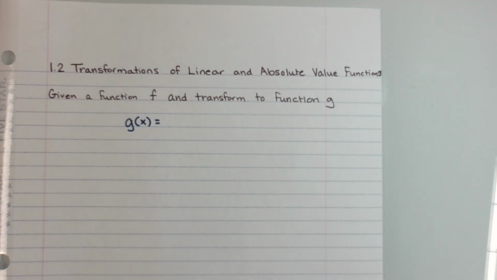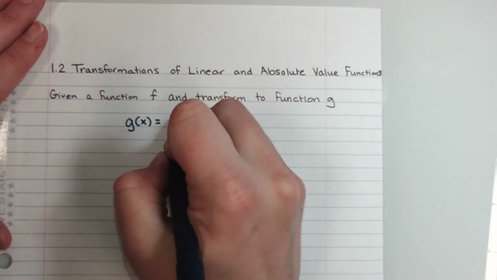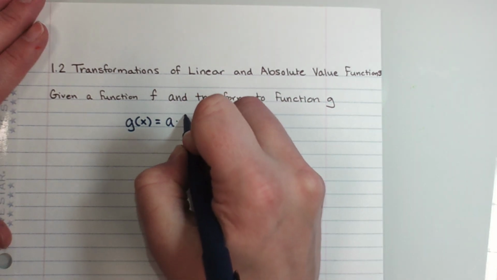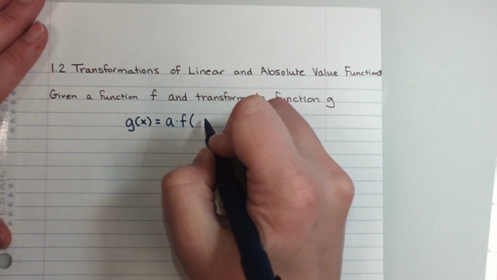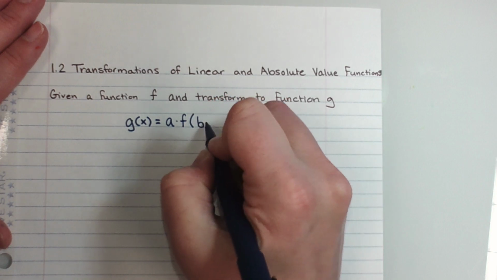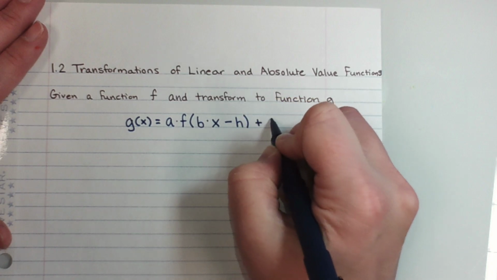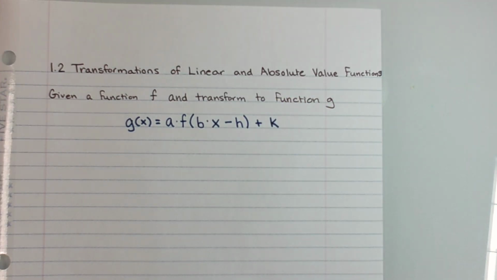If I am changing f into g, then g of x is a function of f of x. So I can write g of x equal to something regarding f of x. In this case, it's going to be a times f of b times x minus h, plus k.